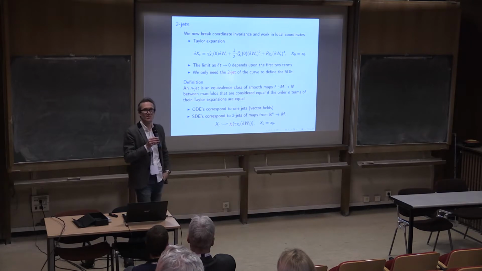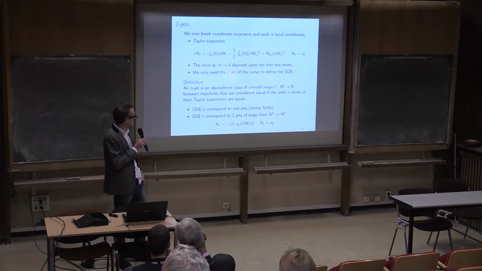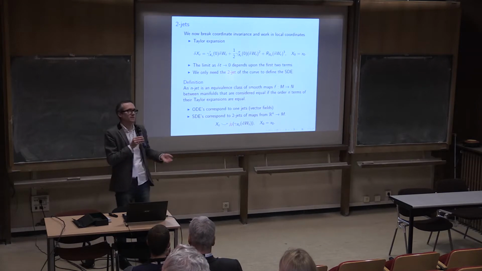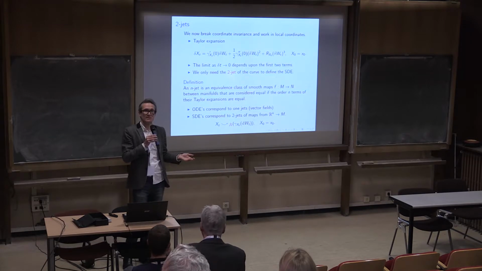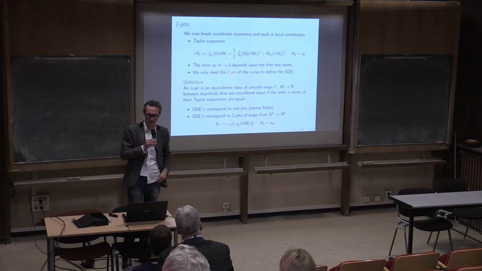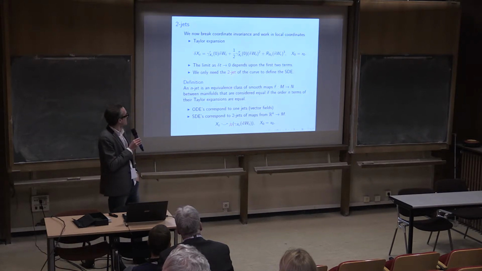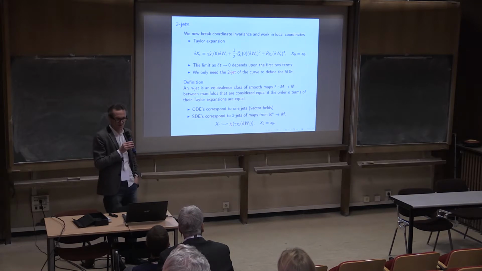And it just generalizes the notion of a vector, which is the one-jet of a curve if they have the same first order Taylor expansion. So although we started with general curves, gamma, we actually only needed the two-jet of the curve. So we don't need to really define a curve at every point. We just need to define the two-jet of a curve at every point. And so that's the central coordinate-free notion of a stochastic differential equation, is to choose a two-jet at every point of your manifold. How you extend that to higher order is irrelevant to the convergence.